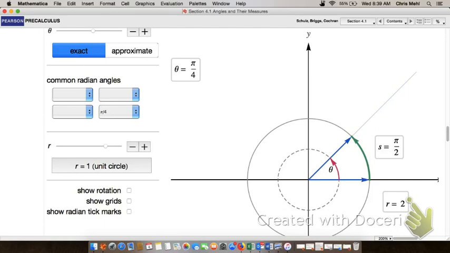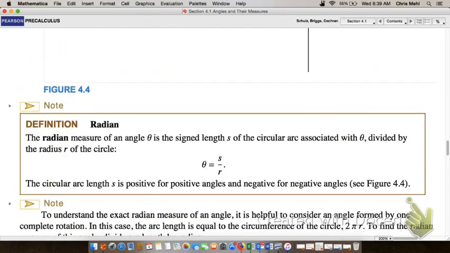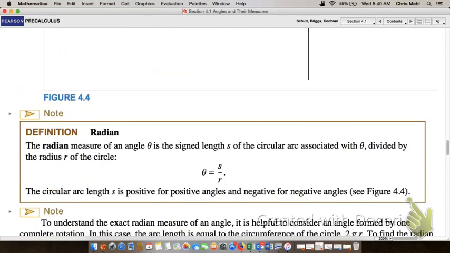And when you look at the formula for the definition of what a radian is, the radian measure of an angle is the signed length s of the circular arc associated with theta, and then you divide by the radius of the circle.